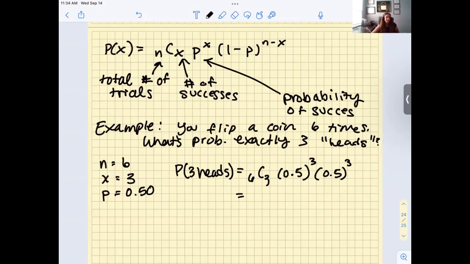What do you get? You should be able to enter all of this in one fell swoop on your calculator if you know how to use it. Try again. Try again.